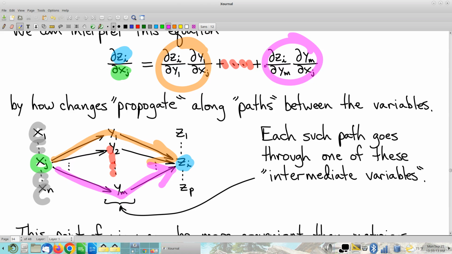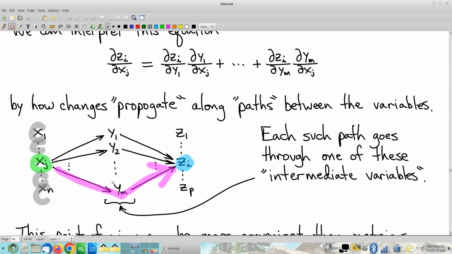All right, so I think this is a really nice way to think about it, and you streamline this, of course, in practice. When you're looking at the partial of zi with respect to xj, you can keep track of the various paths.